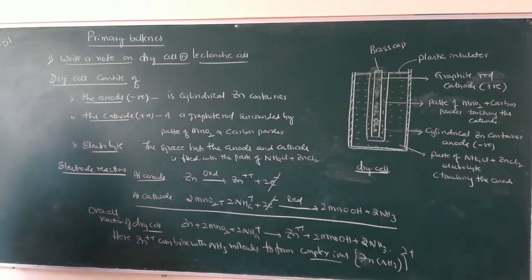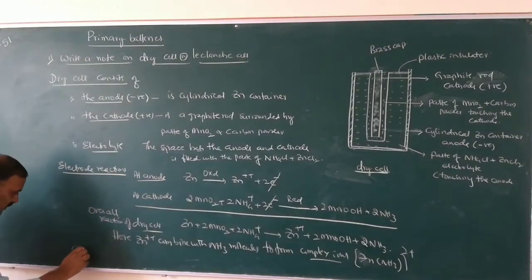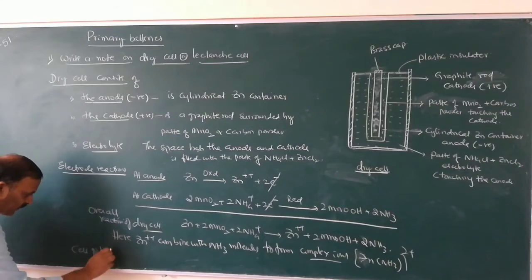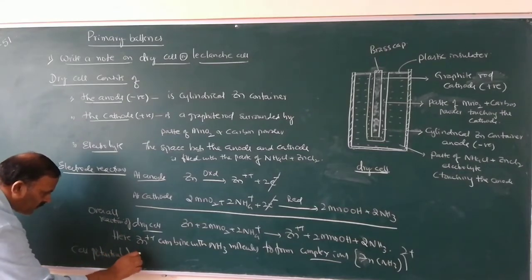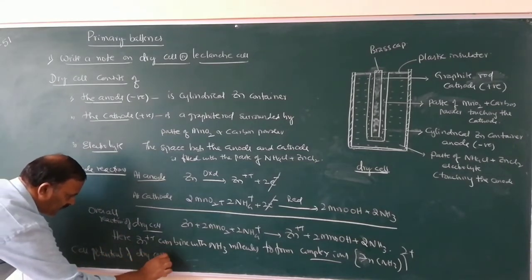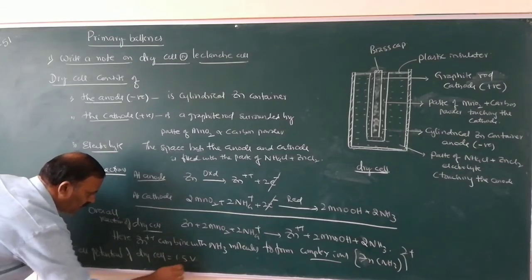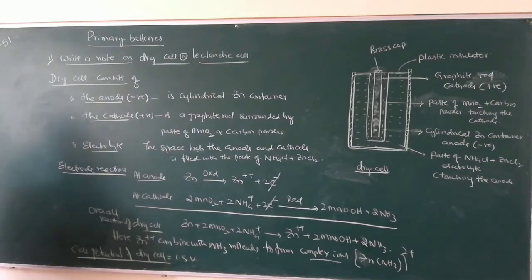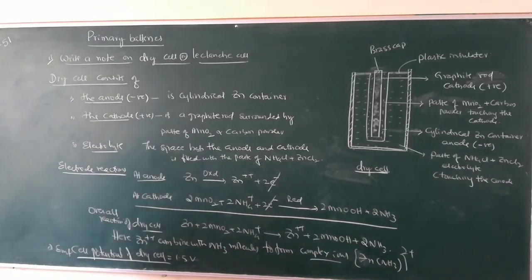So what is the cell potential? Cell potential of dry cell equals 1.5 volt. The cell potential or EMF of dry cell is 1.5 volt. So this is about the description of dry cell.